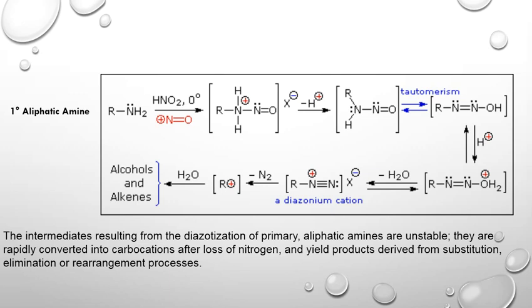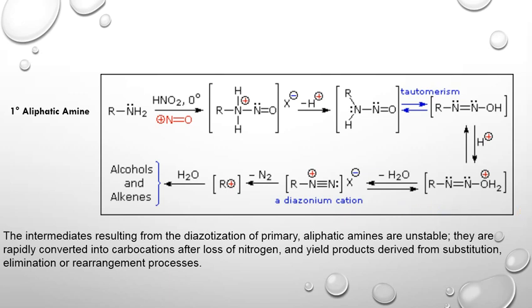The mechanism up to here is the same as with primary aromatic amine, but in aliphatic amine there is no ring to delocalize the positive charge with conjugated double bonds, so we lose nitrogen as a gas and produce a carbocation, which gives other final products.